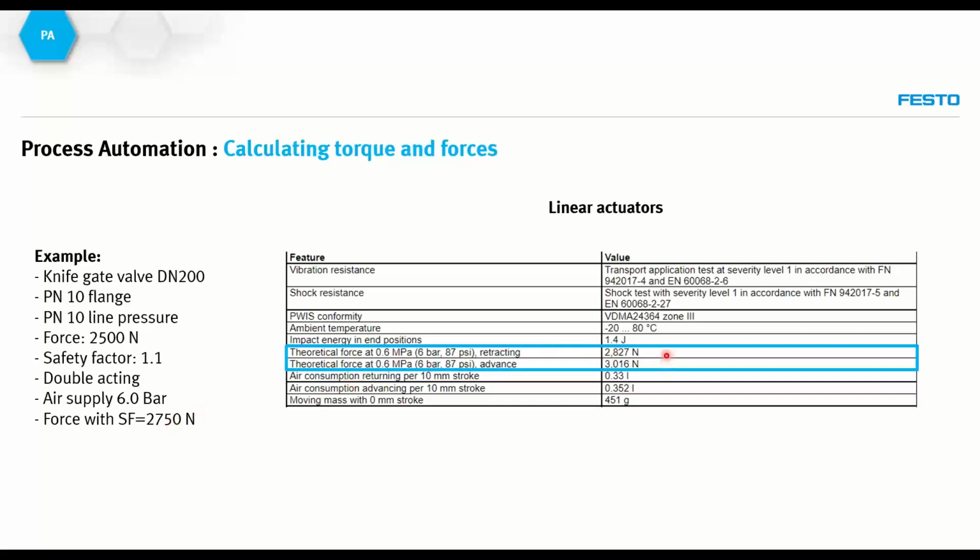If we look at a data sheet for a linear actuator, there is a difference between the retracting force and the advancing force. As mentioned earlier, the design will be done based on the retracting force, to ensure that my valve operates whether in forward motion or backward motion, or let's say retracting and advancing.